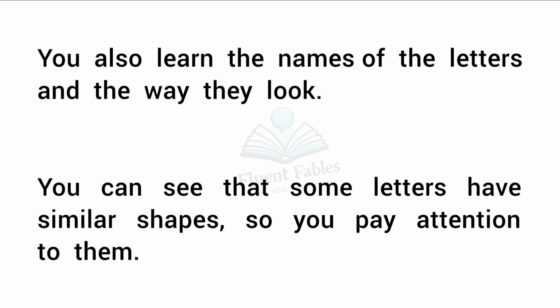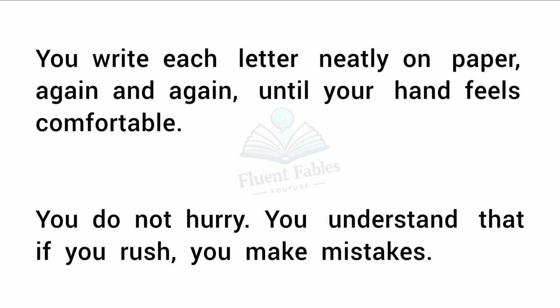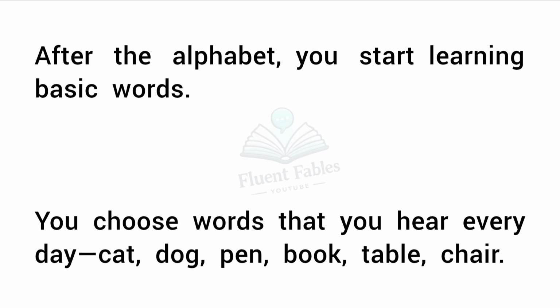You also learn the names of the letters and the way they look. You can see that some letters have similar shapes, so you pay attention to them. You write each letter neatly on paper, again and again, until your hand feels comfortable. You do not hurry. You understand that if you rush, you make mistakes.